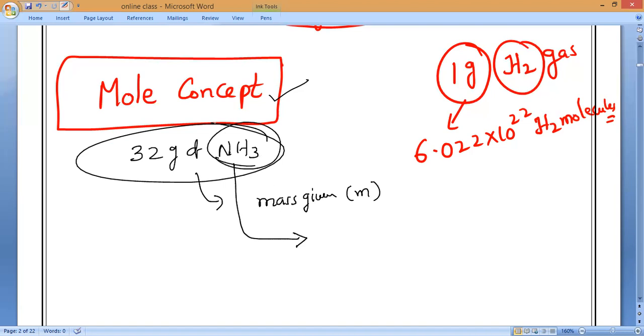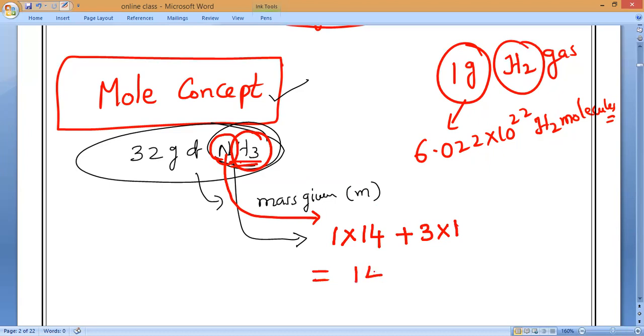Molar mass means atomic mass written in grams. For ammonia, number of atoms of the first element, 1, into its atomic mass. What is the atomic mass of nitrogen? 14. Plus number of atoms of the second element, 3, into atomic mass of hydrogen, 1. That is 14 into 1, 14, plus 3 into 1, 3, which equals how much?